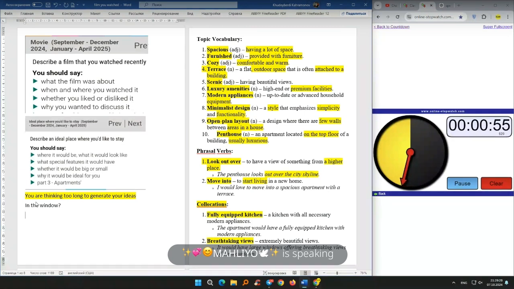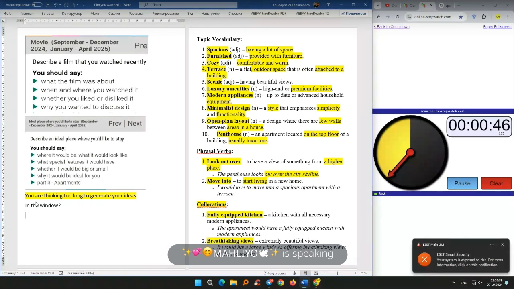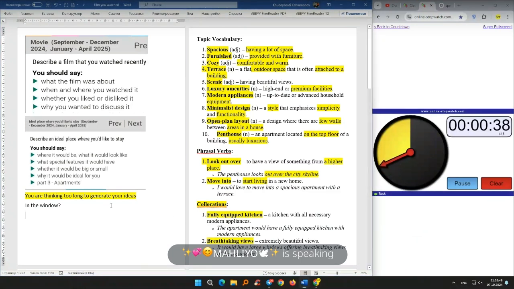Because every time I try to escape from the hustle and bustle of the city, the breathtaking views can help me to recharge my battery when I'm exhausted.